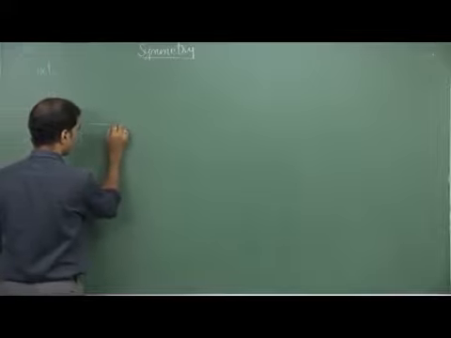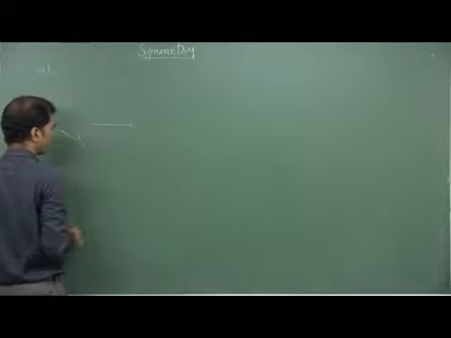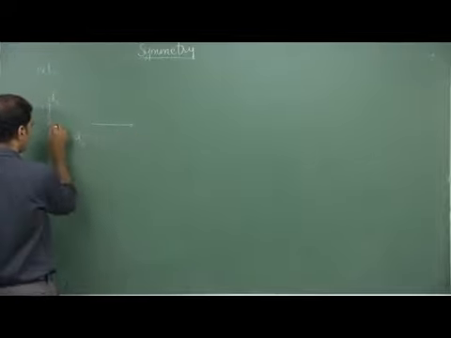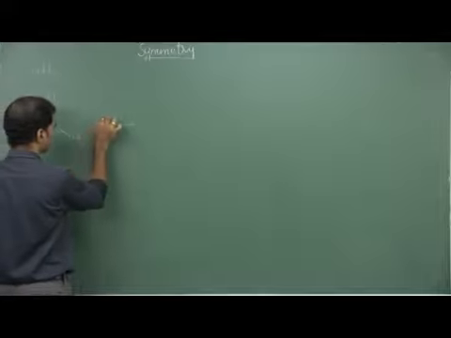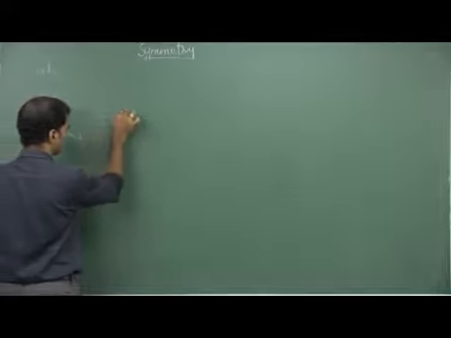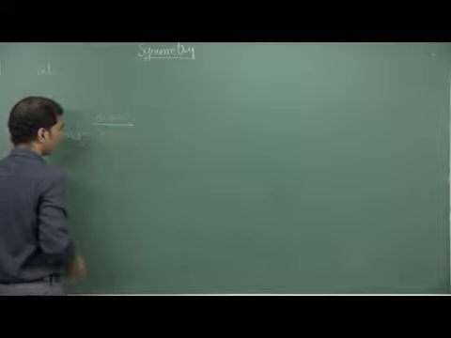Let me put a C3. I try to rotate. If at all I get an equivalent structure, then we say C3 is present in it. So this C3, theta is 120 degrees, it is a C3.